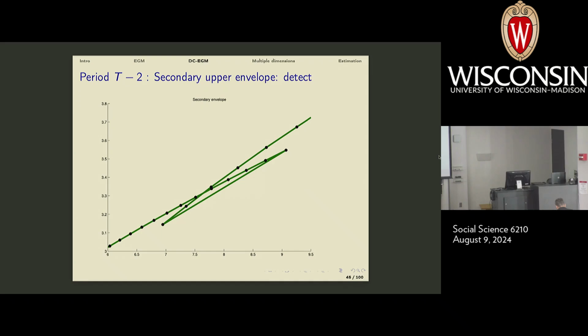And then you continue further, and this value now becomes a correspondence. So we are following all of the points that correspond to the solutions of the Euler equation, even though some of them are suboptimal. So we're following all of the points that solve the first order condition. And now we have to basically filter out those which are suboptimal.